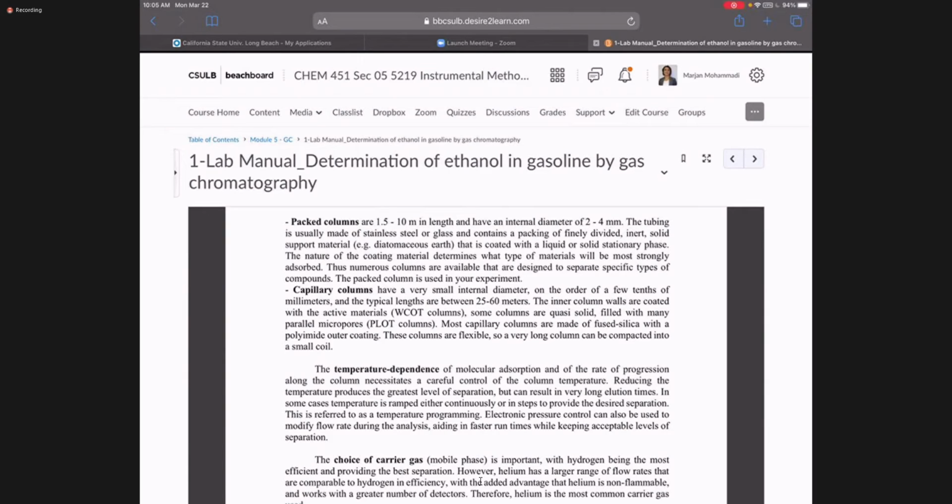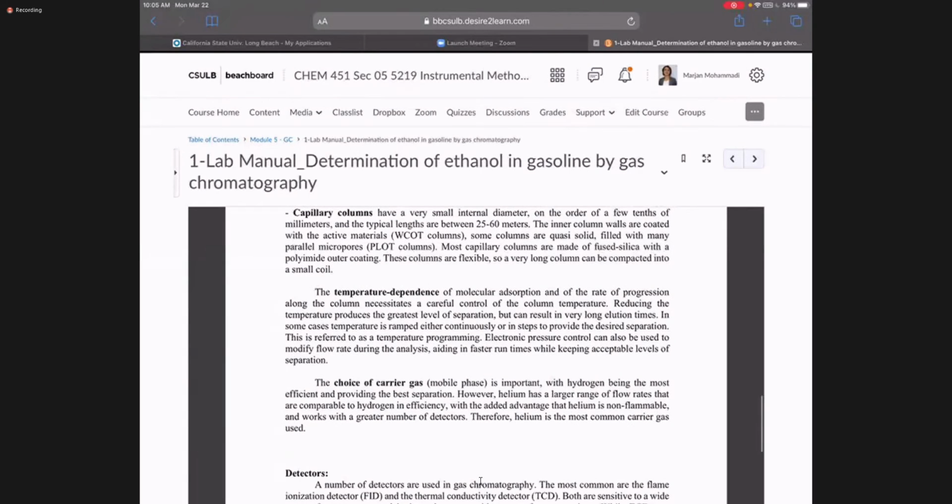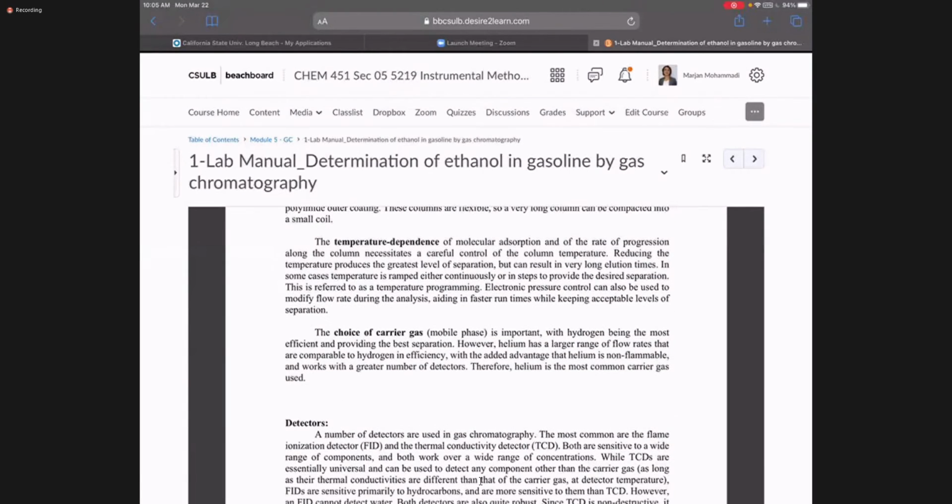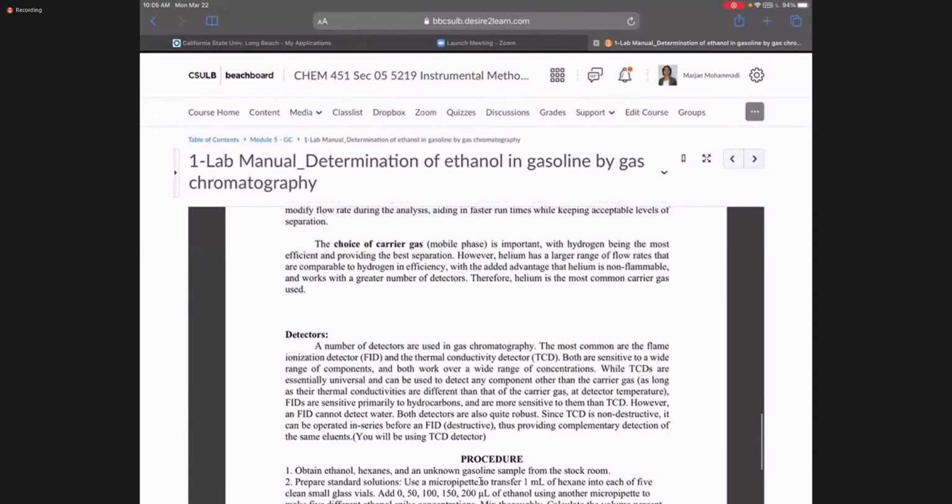This one is gas because the eluent is going to be a gas. Then we are going to inject the sample in liquid form, but because of the high temperature, that sample is going to get converted to gas and move through our eluent. And we are going to detect with a detector how much of each sample we have.